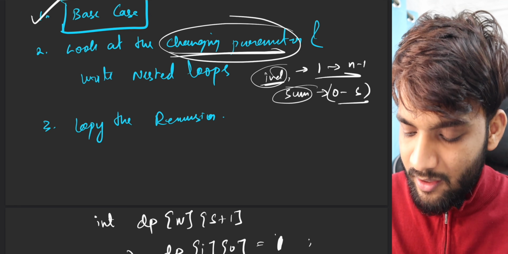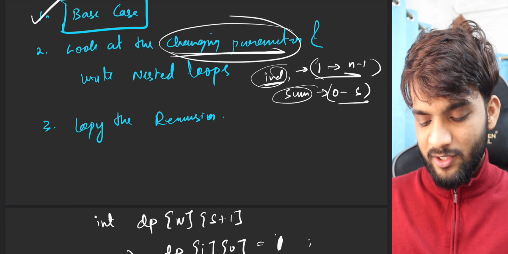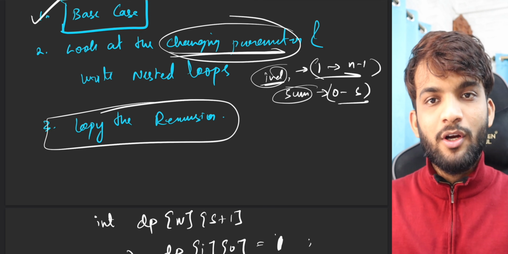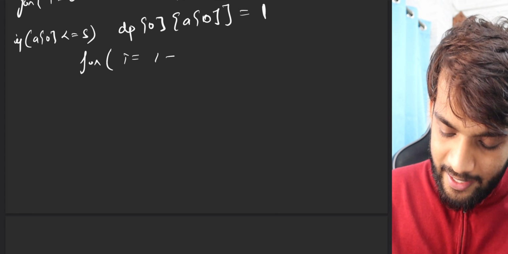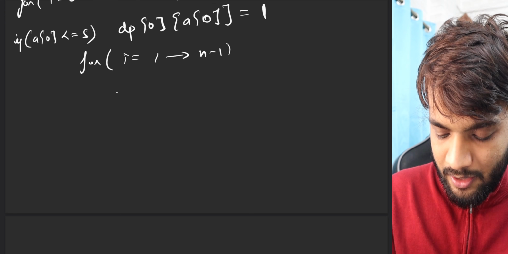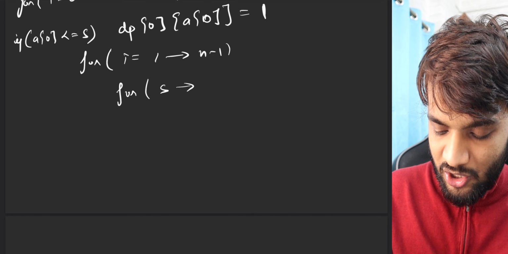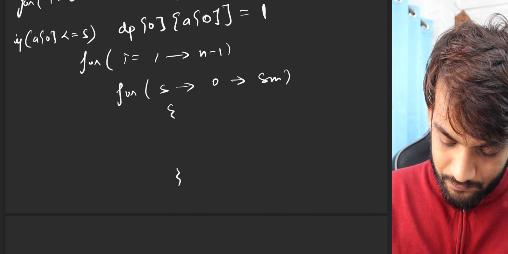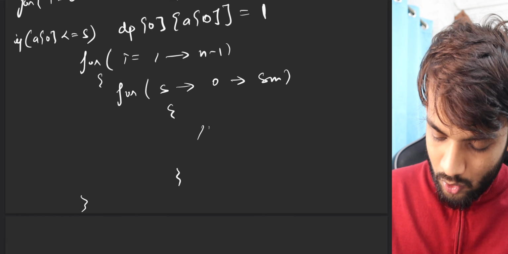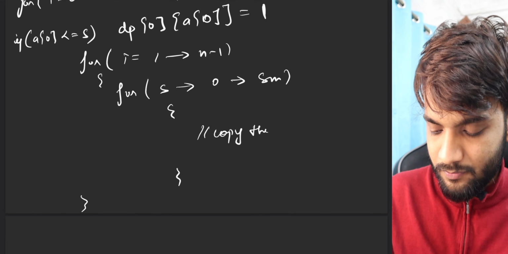This is how you can write the two nested loops. So the next lines will be i equal to 1 till n minus 1 because 0 has been done, and the sum will be 0 till the sum. And over here, copy the recurrence.